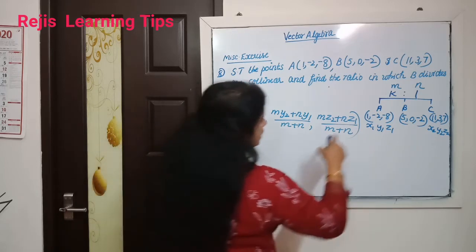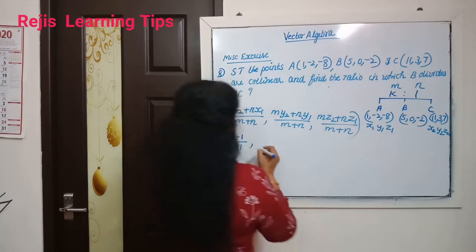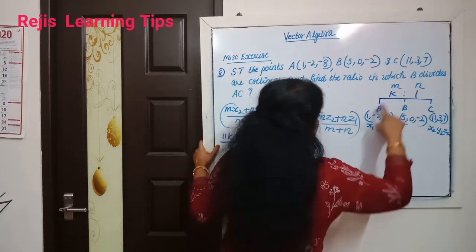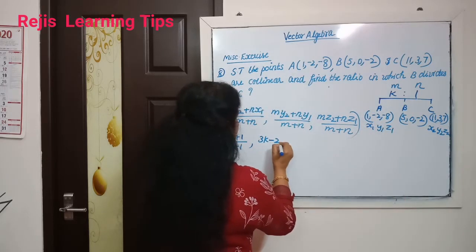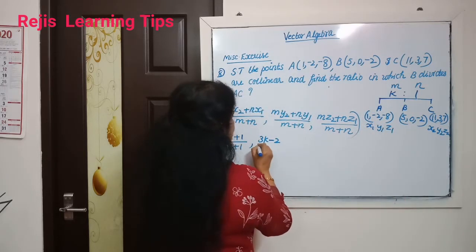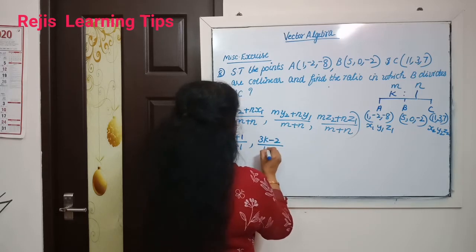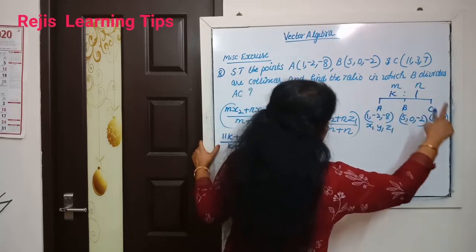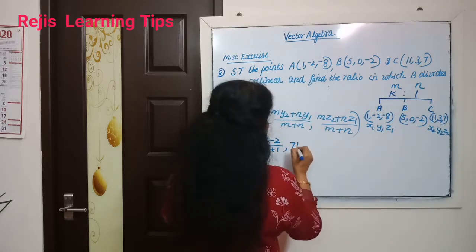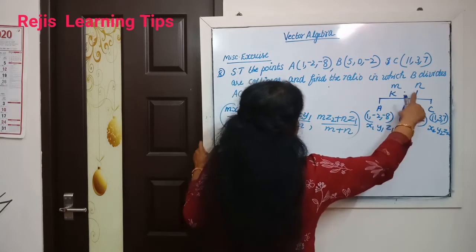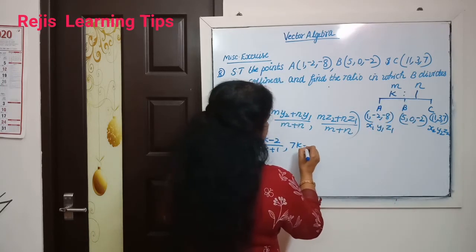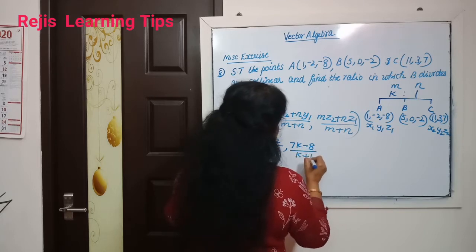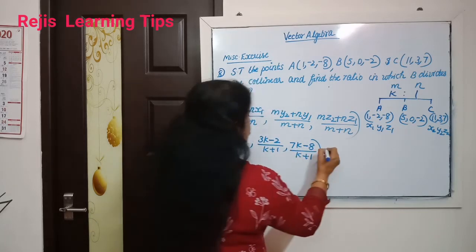Then my2 means k into 3, that is 3k, then n into minus 2, that is minus 2, divided by k plus 1. Then mz2 means k into 7, that is 7k, plus n into z1, that is minus 8, divided by k plus 1.